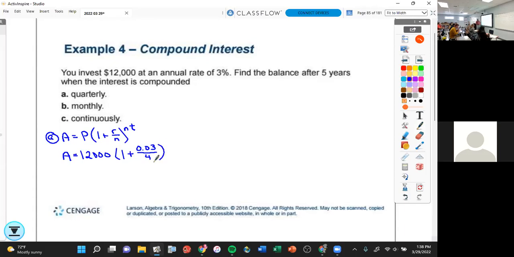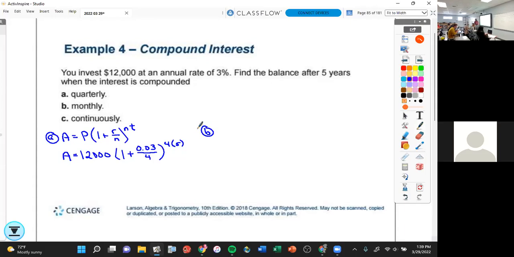Raised to the 4 times 5 power, right? And you calculate that. I'm just going to write the equations down on this slide, and the next couple slides have all the answers for us.